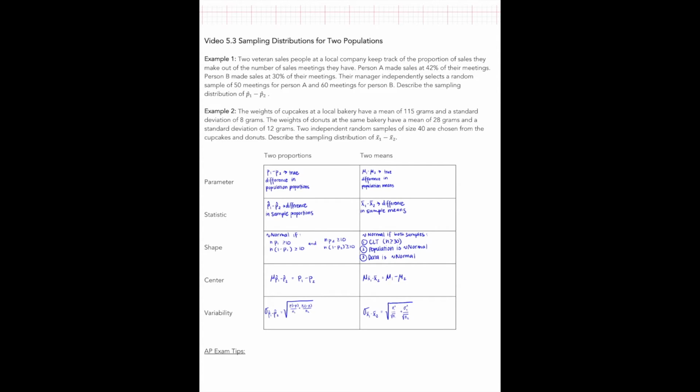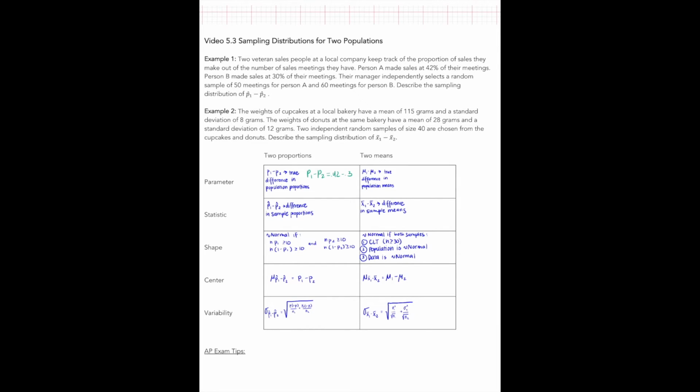Okay. All right, so we obviously have 2 proportions here. So taking a look at the parameter and the statistics, for the parameter, typically they will give us what the value is, and then here they gave us 42% and 30%. So what you want to do to find p sub 1 minus p sub 2 is just subtract 0.42 minus 0.3, and you get some value there.